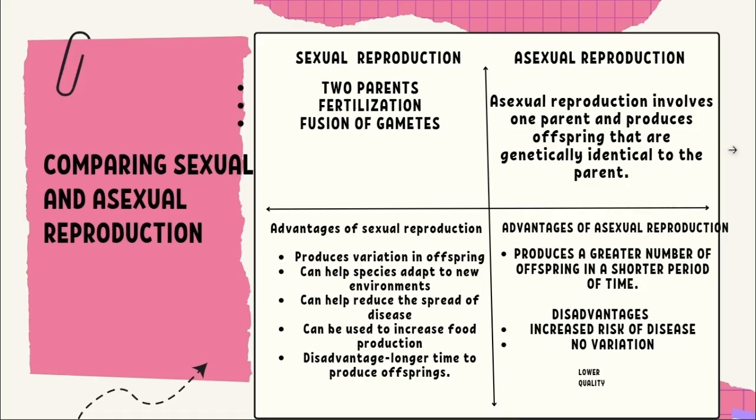It's basically equipping the next generation to be able to withstand different conditions, right? It helps the species to adapt to new environments, helps to reduce the spread of disease, and can be used to increase food production. And the disadvantage to sexual reproduction is that it takes a longer time to produce offspring.